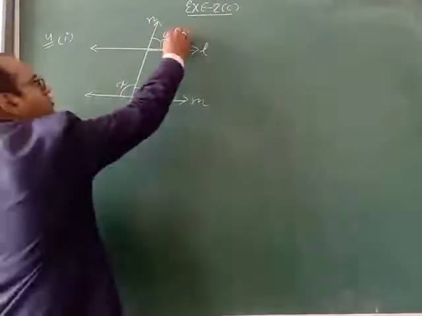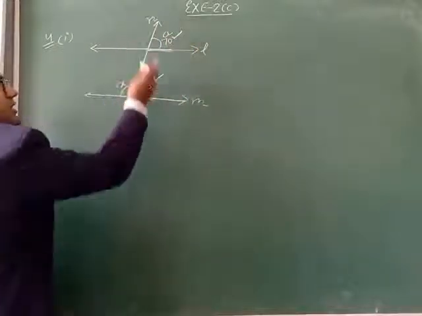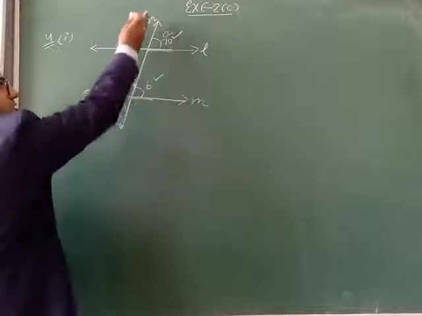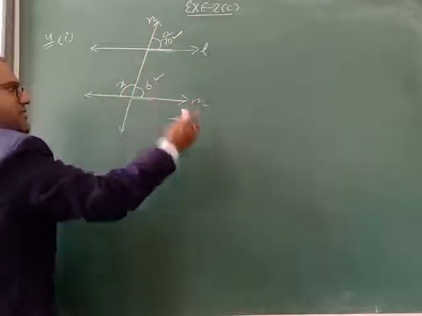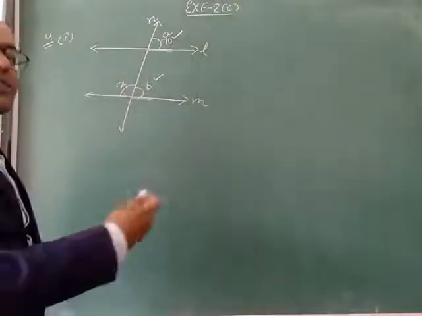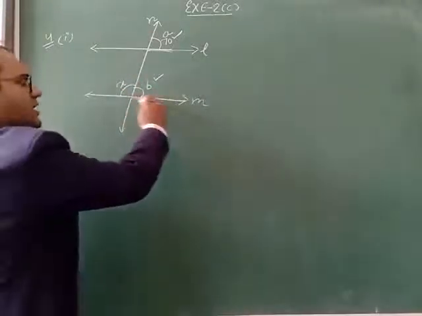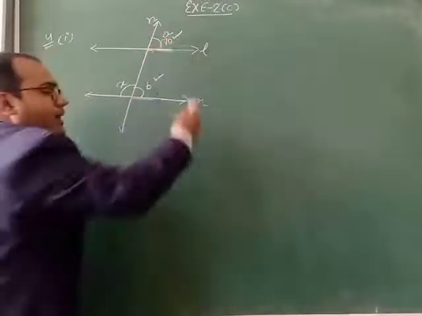Both these two angles are on the right side of the transversal. This is the transversal, this angle is on the right side, this angle is also on the right side, and these two angles are above the parallel line. This is the first parallel line, B is above. This is the second parallel line, A and B are above.